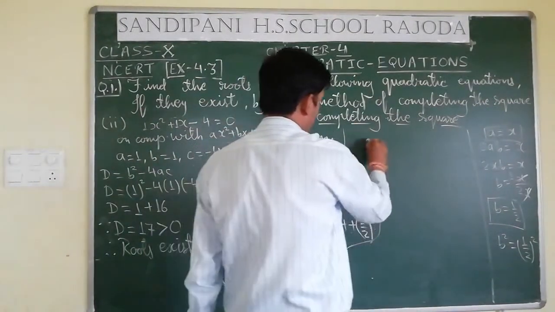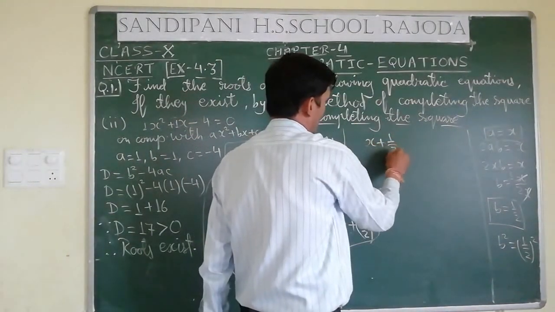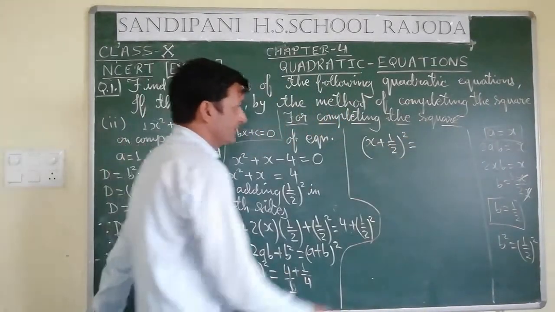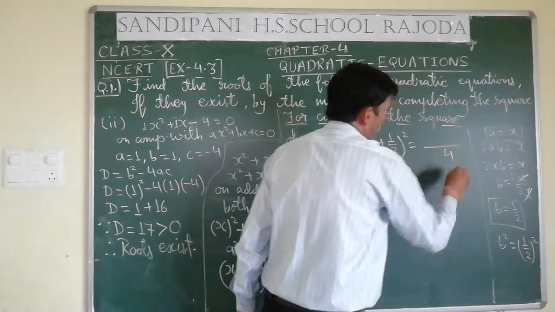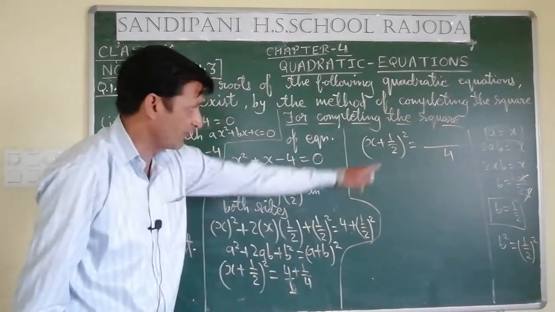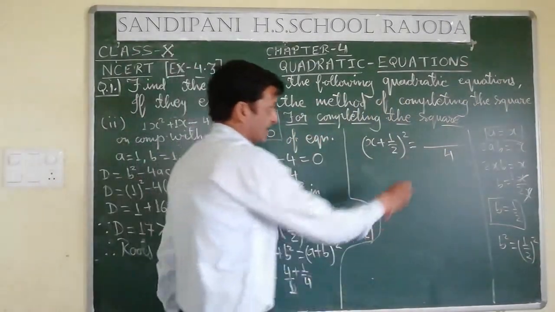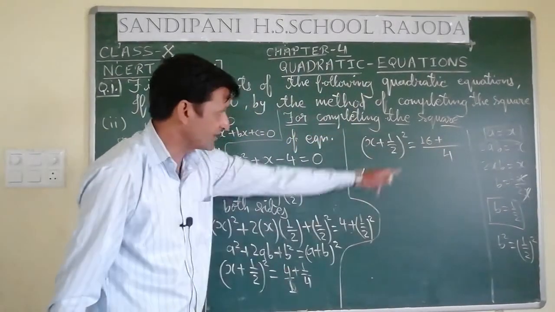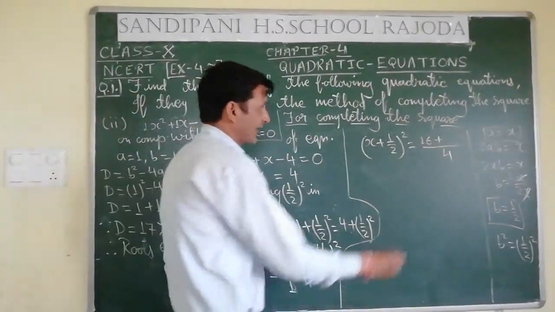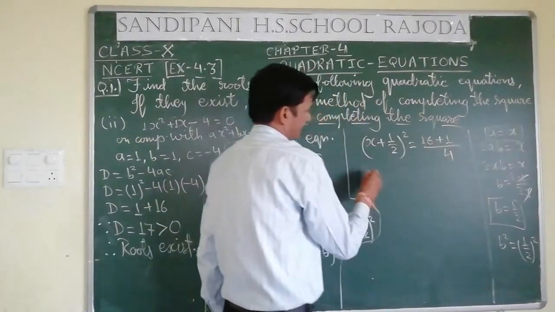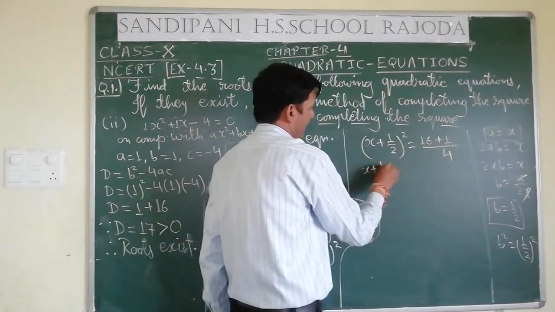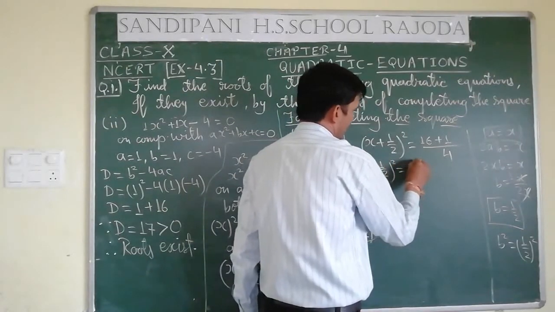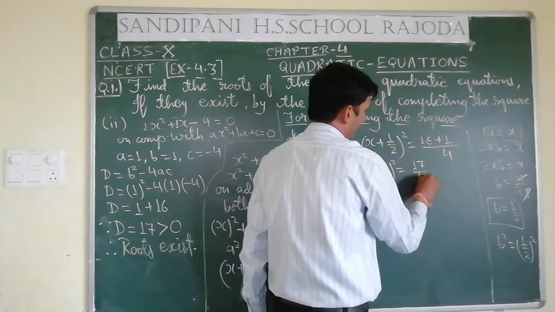So it will be x plus 1 by 2 whole square is equal to 4 is LCM here. If 4 is LCM, 1 4s are 4, so 4 4s are 16. Plus 4 1s are 4, so 1 1s are 1. So it will be x plus 1 by 2 whole square is equal to 17 by 4.